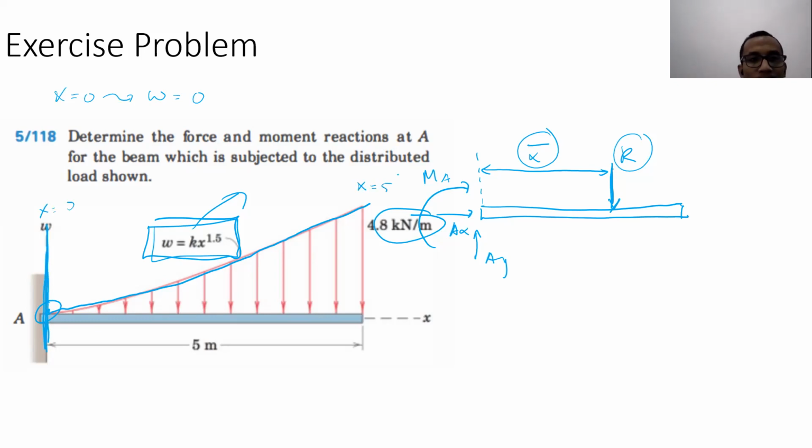At x equal to 0, w is equal to 0. At x equal to 5 meters, what is the value of w? 4.8 kilonewton per meter. Then use these two values to find k.